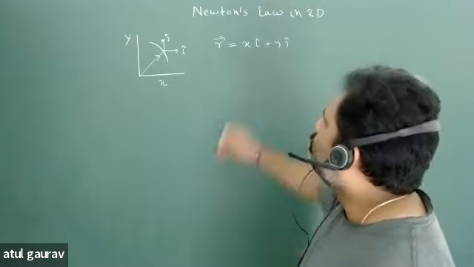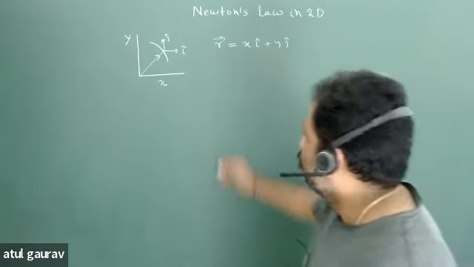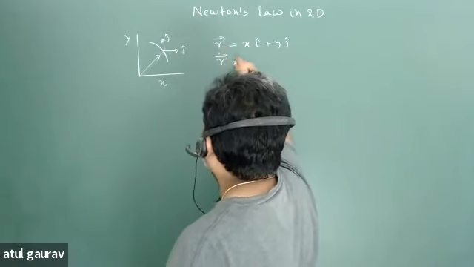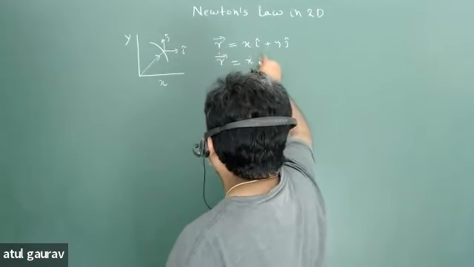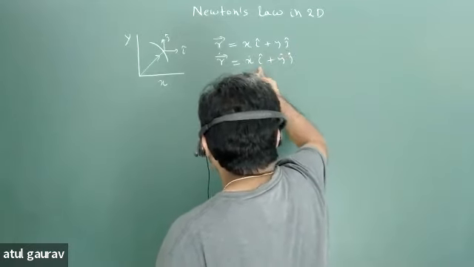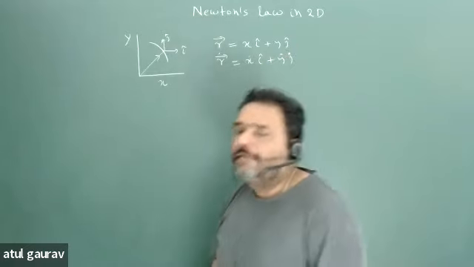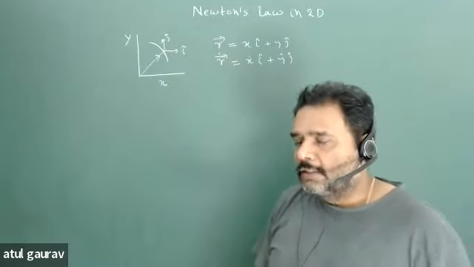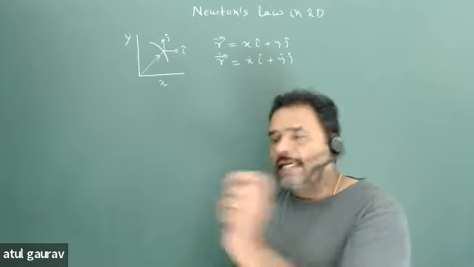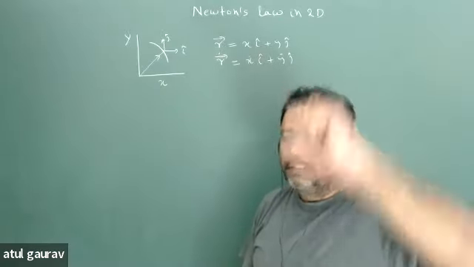And if you want to calculate the velocity, then the velocity is all about r dot, and this will be x dot i cap plus y dot j cap. This i cap and j cap are the unit vectors which are not changing with time. Every time it has the same i cap, every time the same j cap.